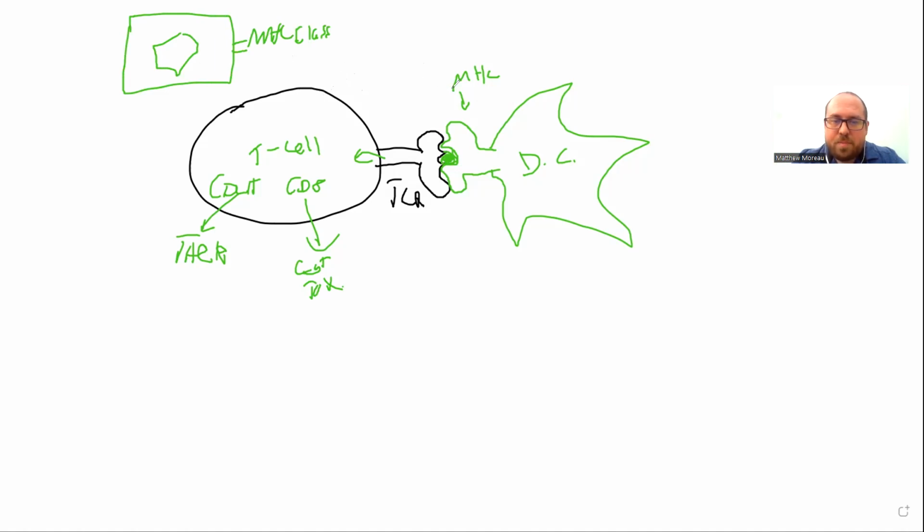And so the logic is that if the dendritic cell is expressing MHC class 1 and triggering the activation of cytotoxic T cells, again, have the ability to recognize specific MHC class 1 loaded with certain antigens and have the capacity to kill that cell in order to make sure that the virus or the tumor does not continuously spread.